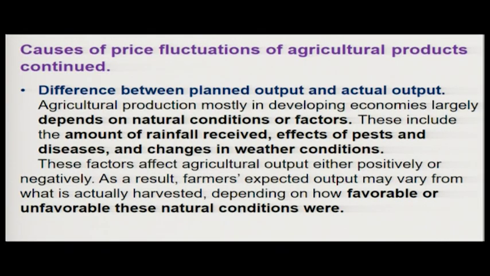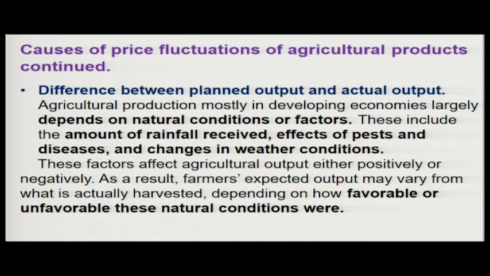So there is a difference between the planned output and the actual output. Dear learners, how does this come? How does this come, that the actual output differs?